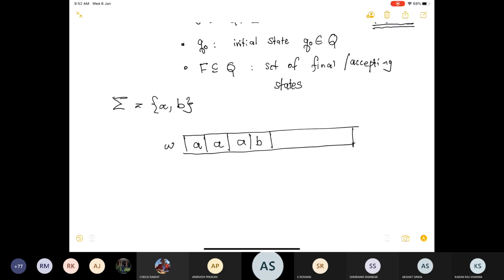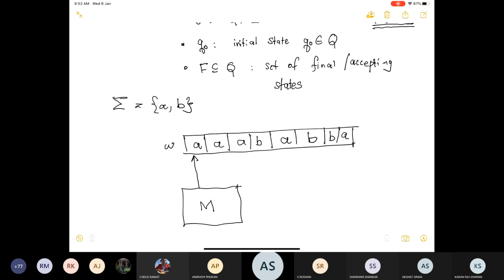Given an input word w, a string over this alphabet, here's the machine, M. It starts reading the input word from the very first symbol.